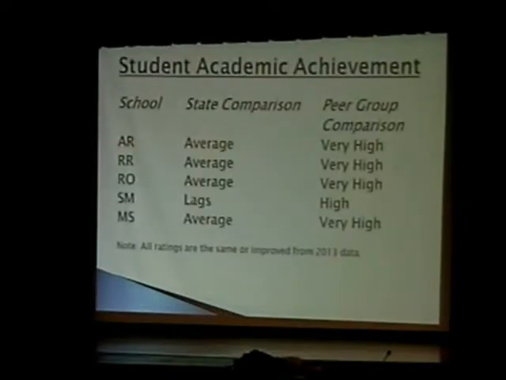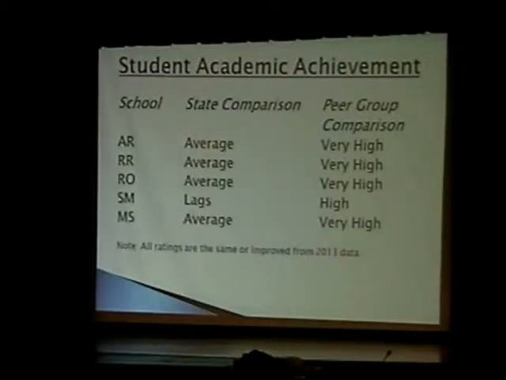The next slide looks at that information and looks at how the school did on that academic achievement in comparison to all the other districts in the state, as well as to the peer group. So you can see each of our schools listed and those rankings.